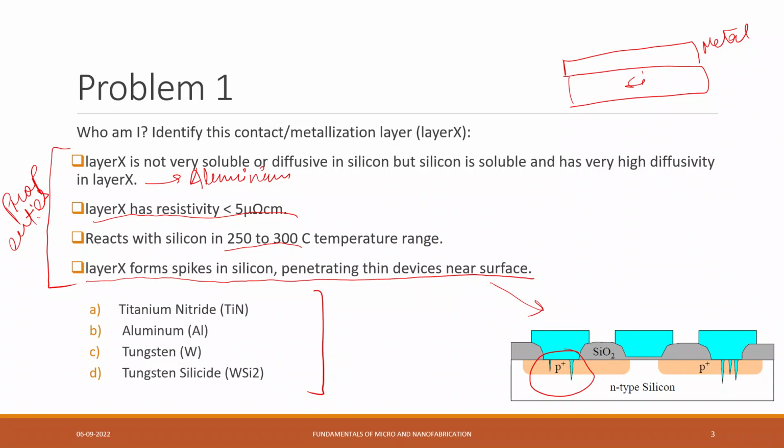Silicon from these regions migrates to the aluminum, creating voids, and these voids are then filled by the aluminum, which looks like these spikes. So the answer would be aluminum here. I hope it is clear to you all.